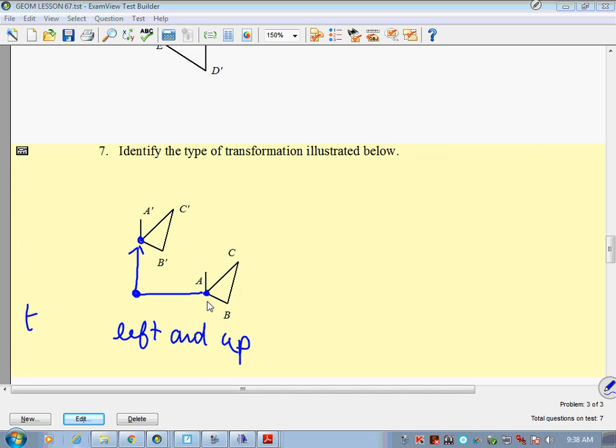Okay? So it is a translation left and up. Okay, and I should go the same distance left and up to get to all three of those points.